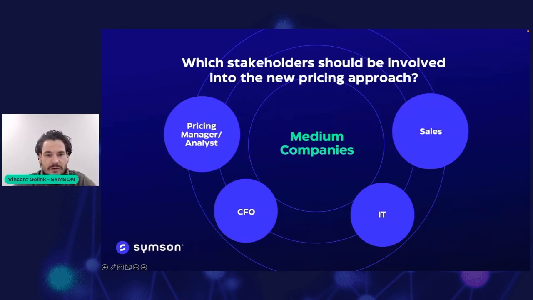Can also be, of course, a pricing manager or an analyst. With these 4 stakeholders, we have to think about a pricing setting that could be applied for the organization. Of course, with 4 persons, we already doubled the amount that we had in small companies. So to get everyone in line is already more complex.